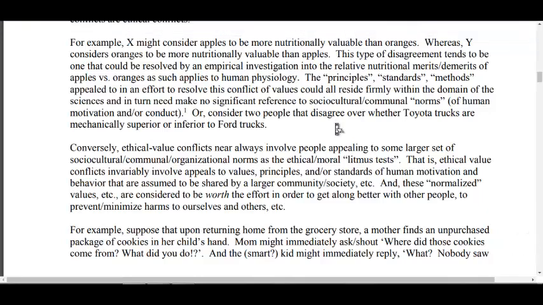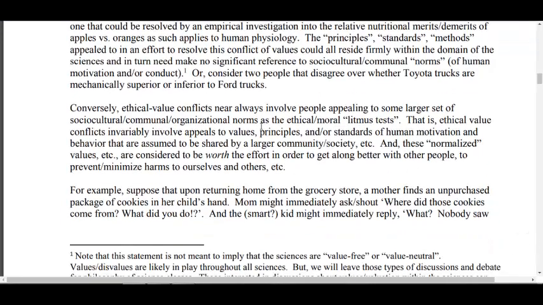And so, now what is it with value conflicts that sets them apart from these things about Toyota trucks or phones or formulas in electrical engineering? Well, typically, how they are resolved.